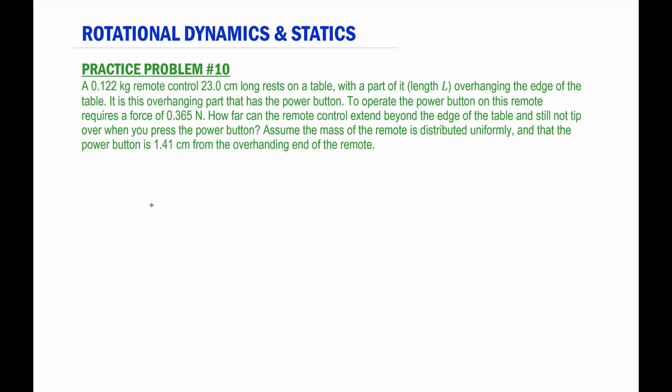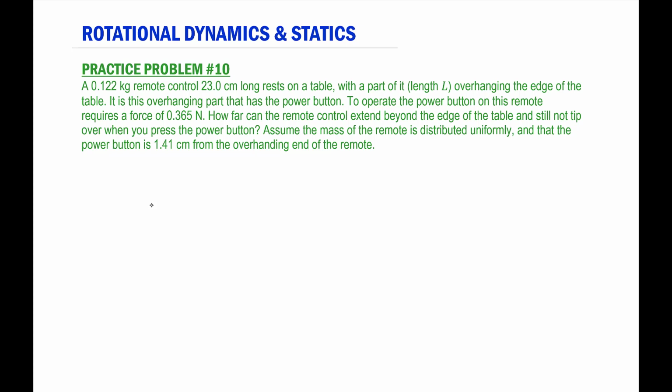And we can factor the L out to get mg plus F. Now we have L is equal to (xcm mg plus BF) divided by (mg plus F).